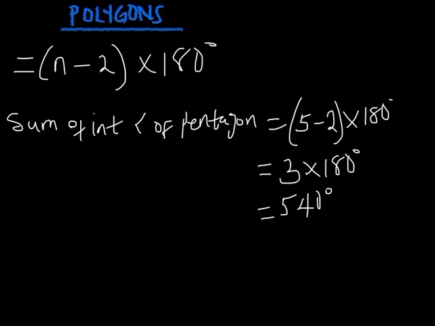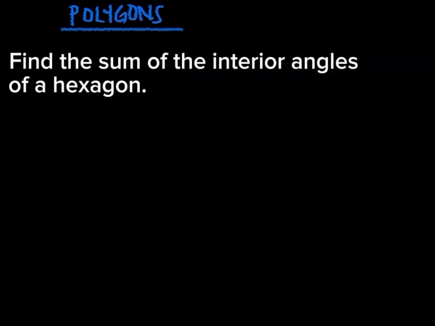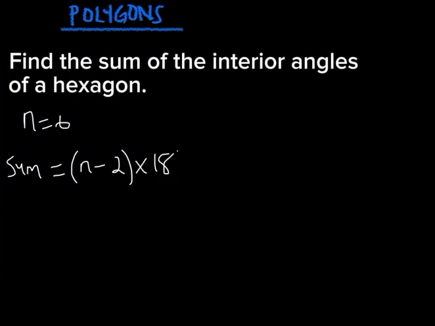Let's try out some other examples. This question says, find the sum of the interior angles of a hexagon. Now the first thing we're going to think of is, how many sides does a hexagon have? Recall, a hexagon has 6 sides. That means our n is equal to 6. Now, to determine the sum of the interior angles of the hexagon, we would say the sum is equal to (n - 2) times 180 degrees.